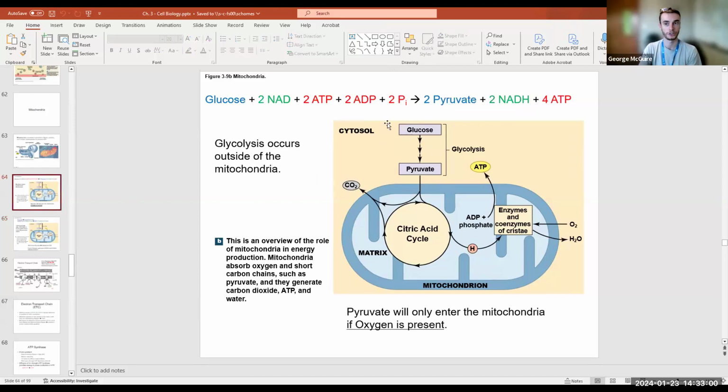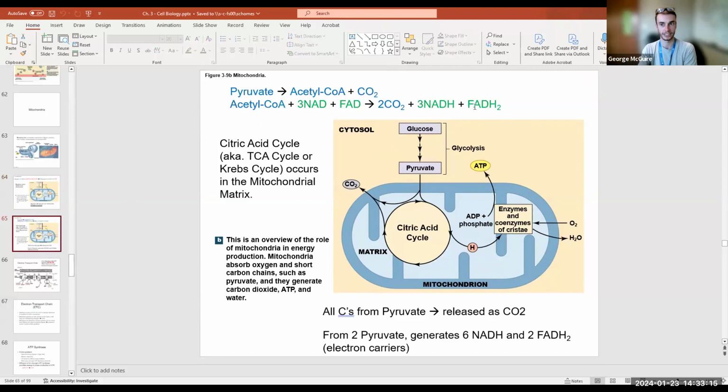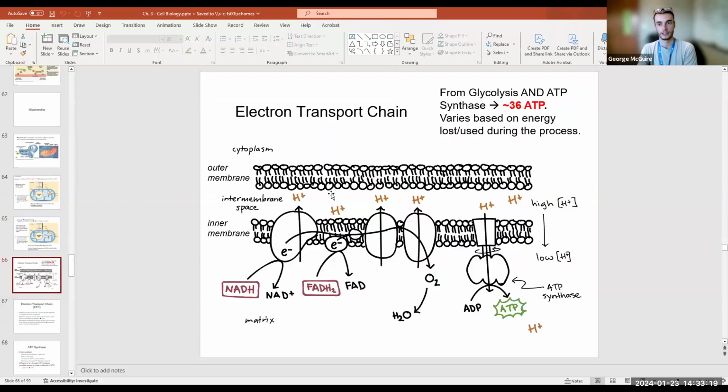So that glucose molecule that we started with is a 6-carbon molecule. And essentially these first 2 phases are just breaking the bond between carbons in each of these. And then eventually we release all of our carbon from that molecule as carbon dioxide. So we've ended up generating a whole bunch of these electron carriers, NADH and FADH2. Those electron carriers are what power the electron transport chain or start the process of the electron transport chain.